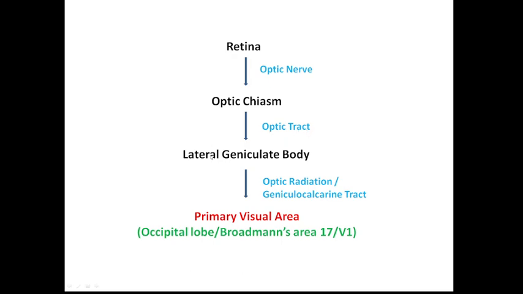Then it binds with the lateral geniculate body or lateral geniculate nucleus of the diencephalon, and from the lateral geniculate body, or LGB, it goes up to the primary visual area or occipital cortex. We can also call it the occipital cortex, Brodmann area 17 or V1 area, via the optic radiation or geniculocalcarine tract.